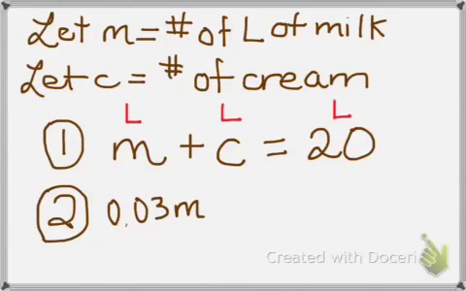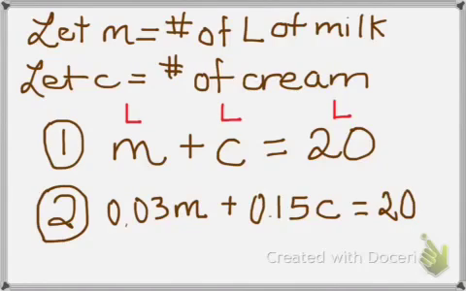So we have 0.03 M plus we have 15% cream. So that's going to be 0.15 when we convert it into a decimal, C. And this is going to equal, we want 20 liters of 6% cream. So we're going to multiply our 20 liters that we already know, 20 liters times 6%, which is 0.06.